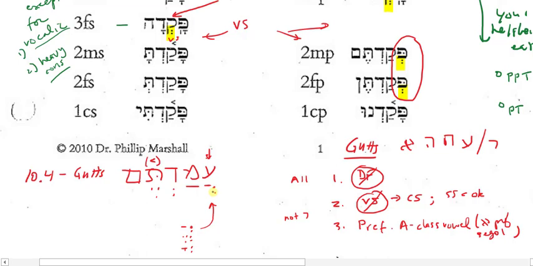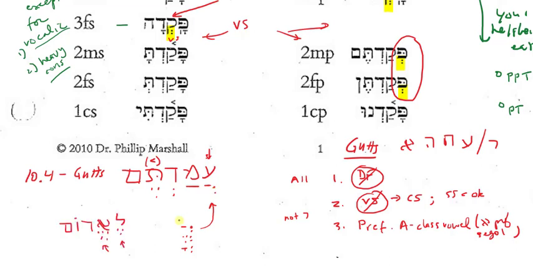So that's why it's amatem in your verb paradigms. If you look on page 89 under number 1, everywhere else amad is normal except for that second masculine plural, second feminine plural form. Amatem, amaten has the compound shava where a vocal shava would normally go if I didn't have a guttural there. Make sense?